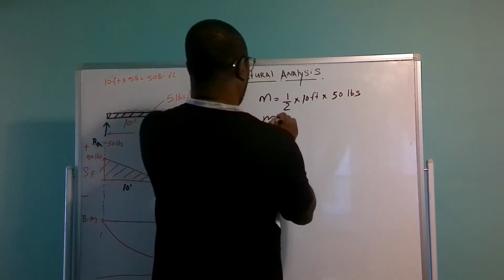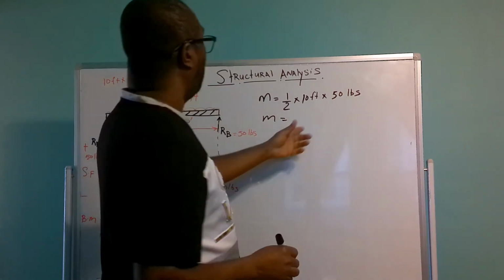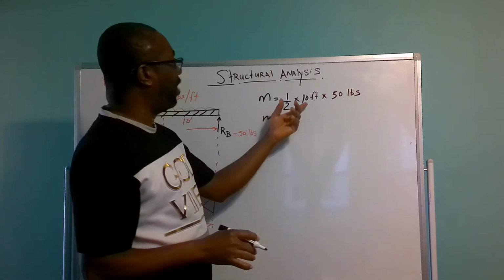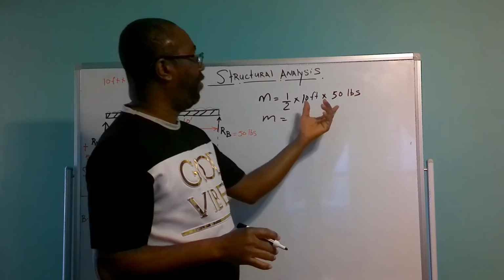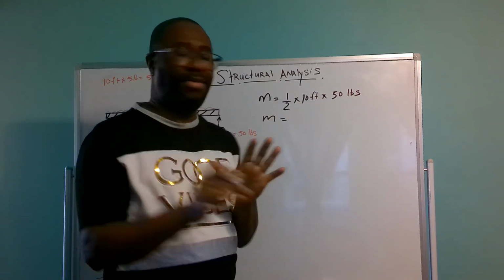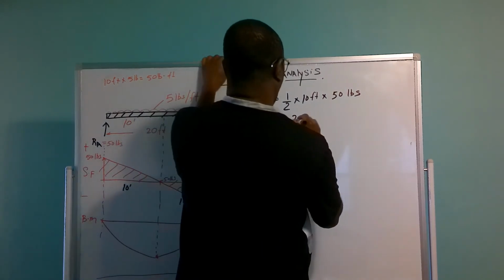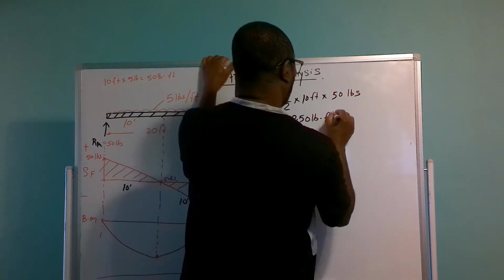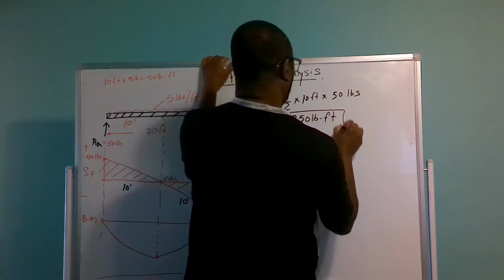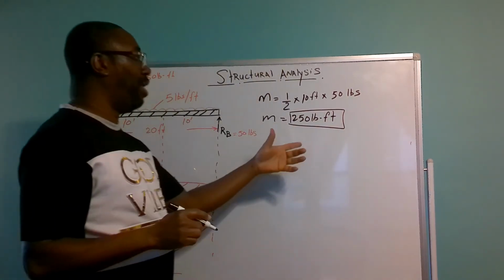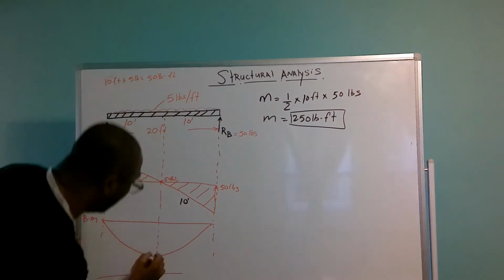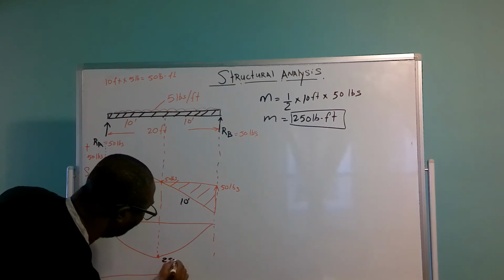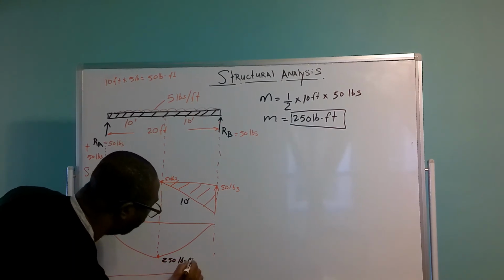And the moment here is going to equal 250 pounds foot, because half of 10 is 5, and 50 times 5 is 250. So the maximum bending moment at this point here is going to equal 250 pounds foot.